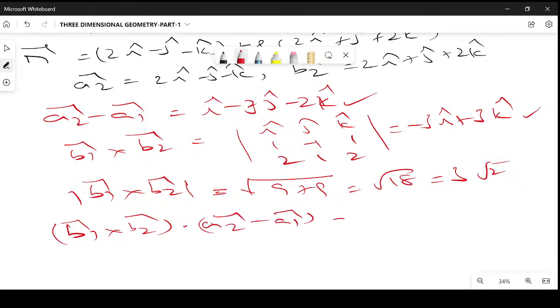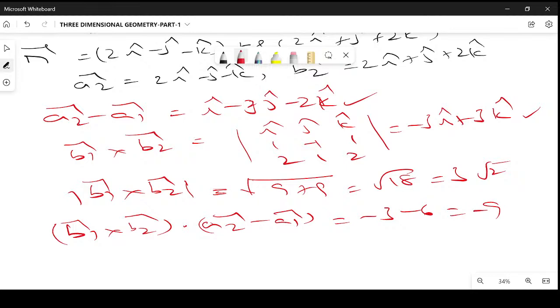Using the dot product of this one and this, it comes minus 3 times 3 minus 9, so with the 3k cap it comes minus 6, and it will be minus 9.